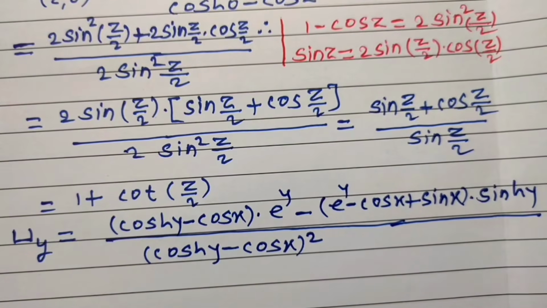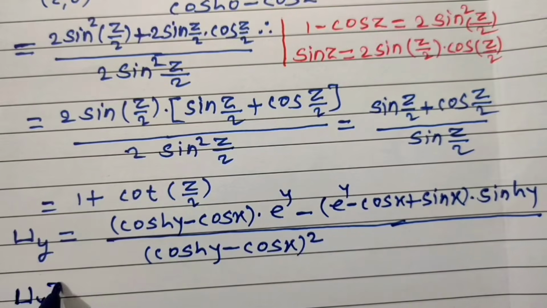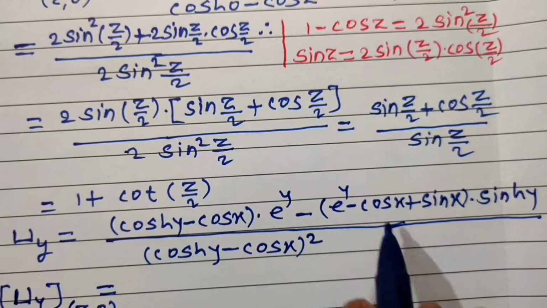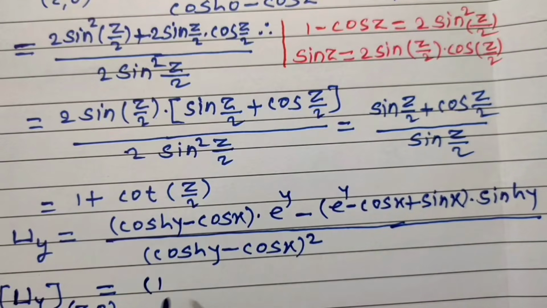Okay. Now we want U_y at z comma 0. This is equal to, replace x by z and y by 0 on the right hand side. This becomes hyperbolic cos 0, that is 1, minus cos z.